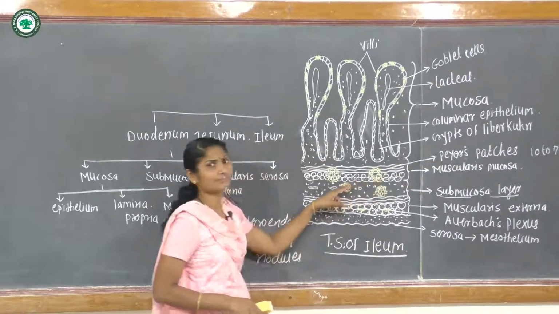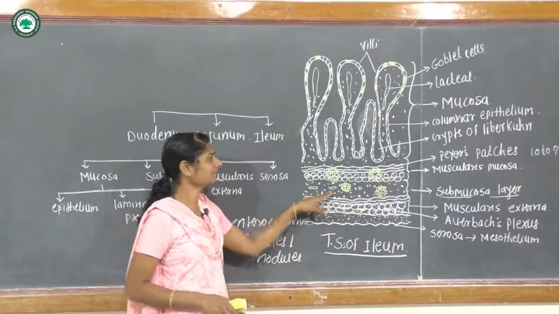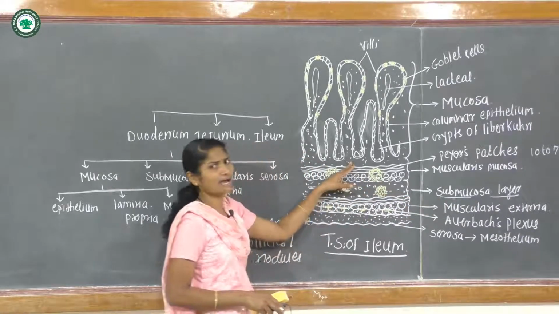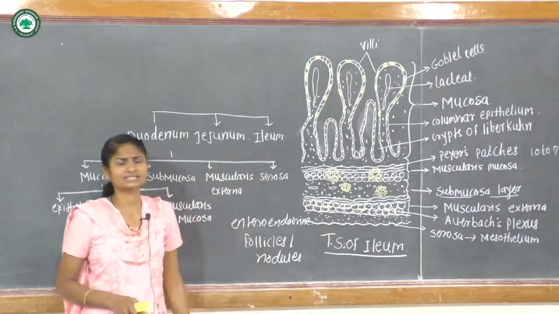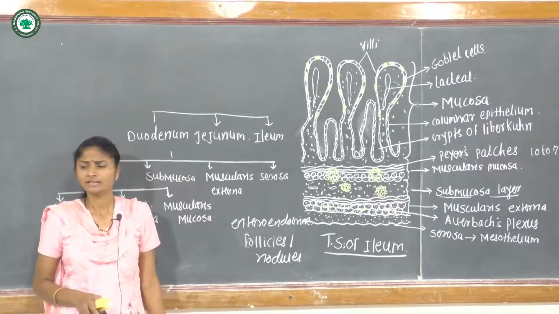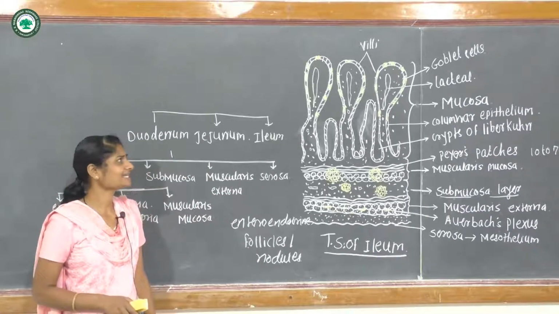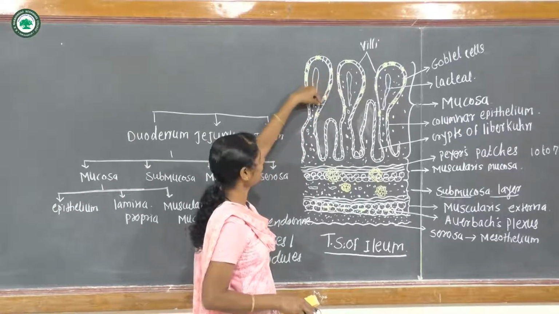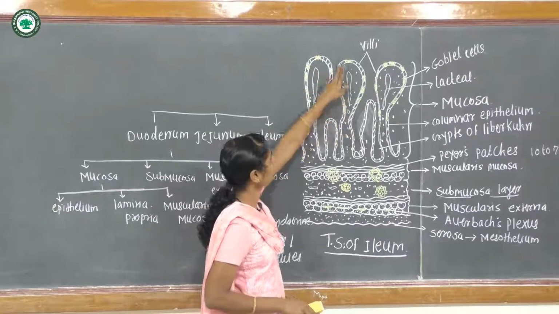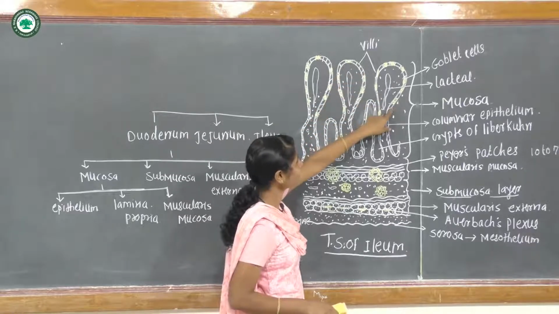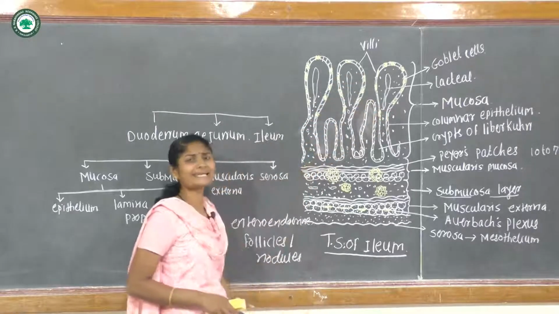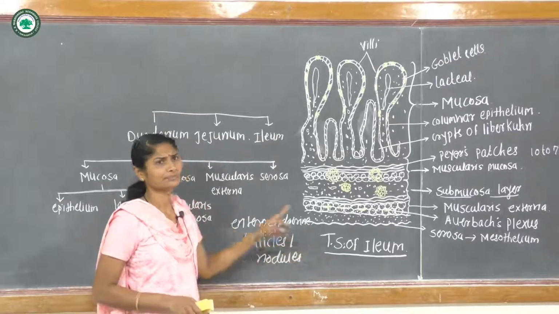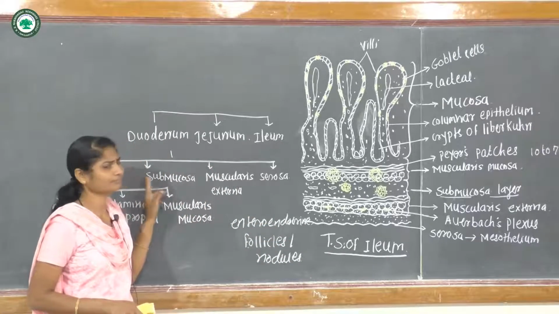These Peyer's patches are present in the submucosa layer as well as lamina propria regions. Goblet cells are present in columnar epithelial cells. Here we notice these goblet cells, and they are more numerous in ileum than in duodenum.